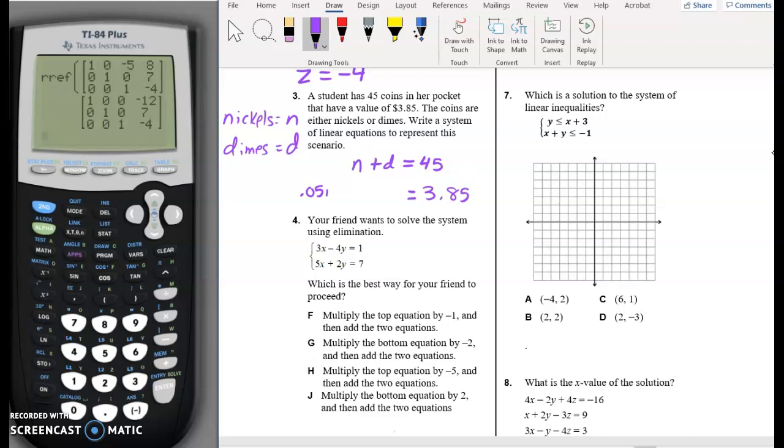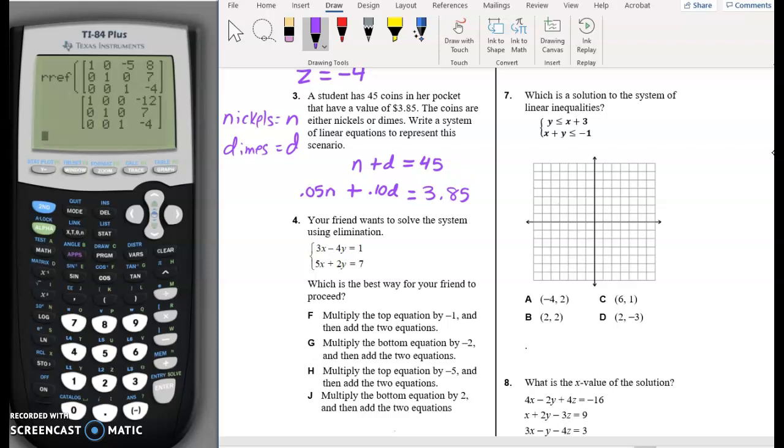So this is going to be 0.05 times the number of nickels I have, plus, and then dimes. A dime is worth 10 cents, so that is worth 0.10 of a dollar. So 0.10 times D. So 0.05N plus 0.10D equals our $3.85. And this is our final answer because it just wants the system of equations. We don't have to go further.